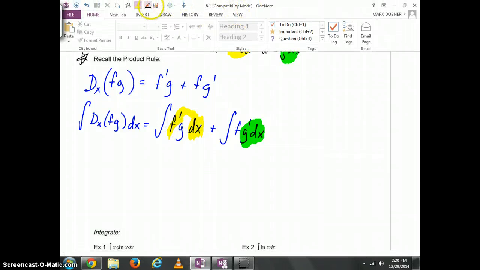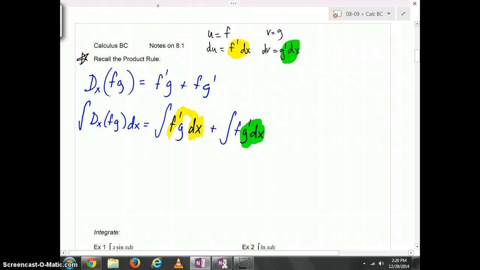So of course what we could do immediately is just take our derivatives that we just did up on the top, and we can make some substitutions. We could say this integral f prime dx is really a du. And what about g? G, of course, from up on top is just going to be v. Likewise, we can say that f was substituted in for a u. g prime dx could be more simply written as dv.